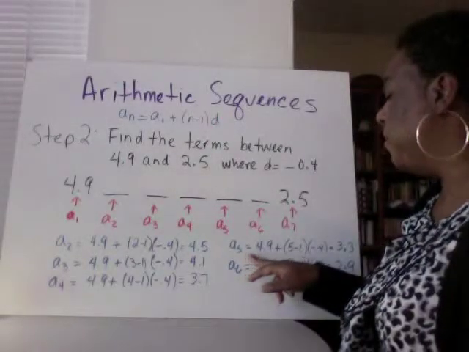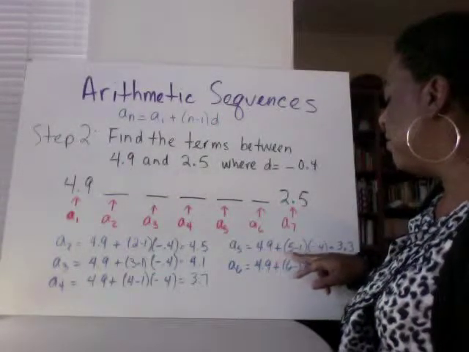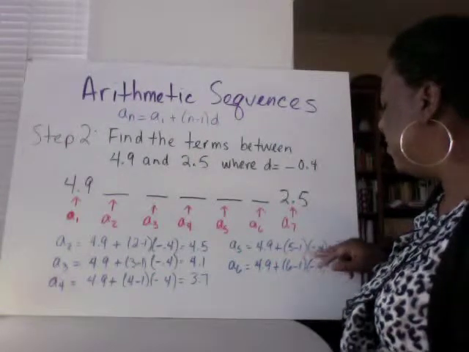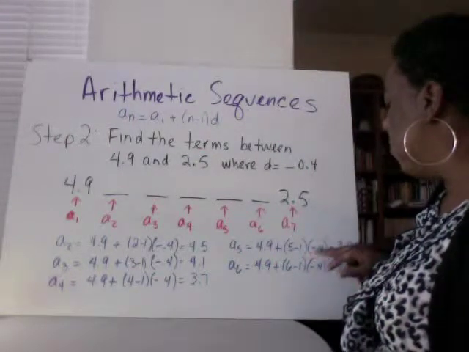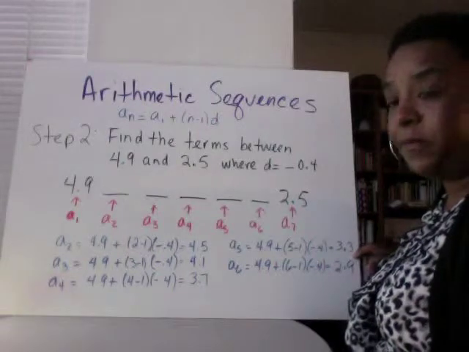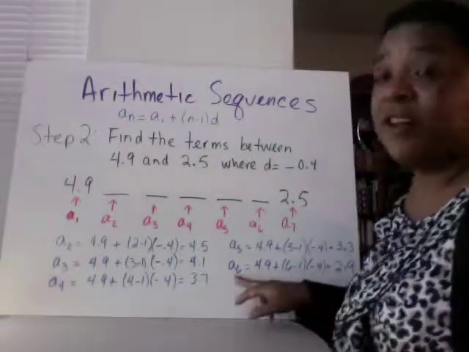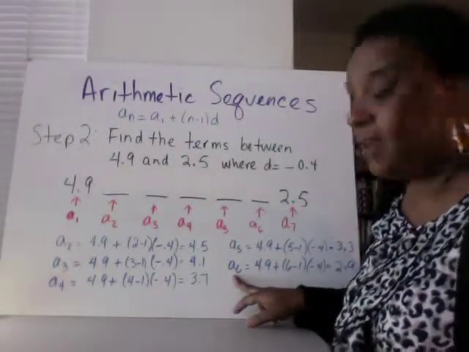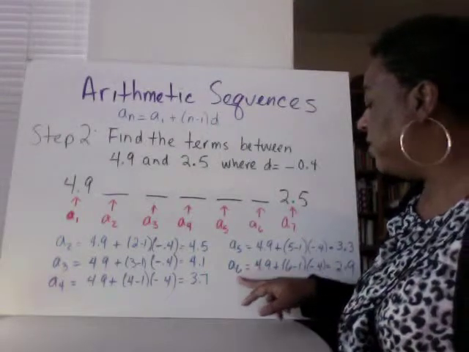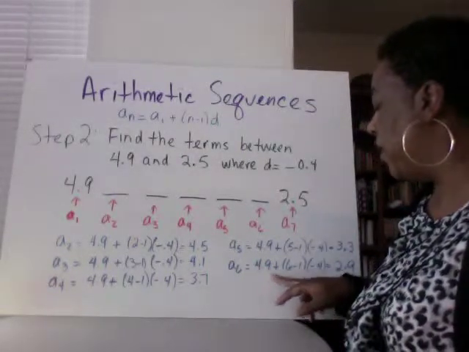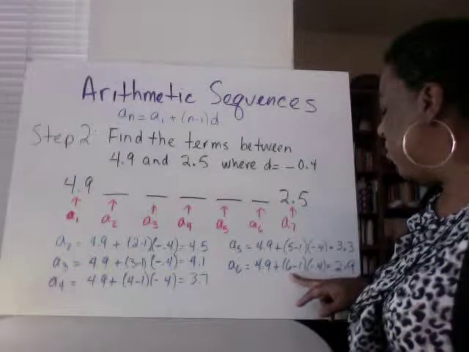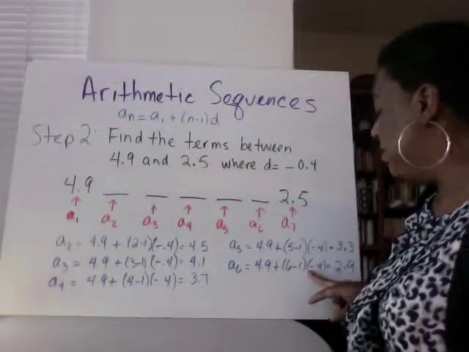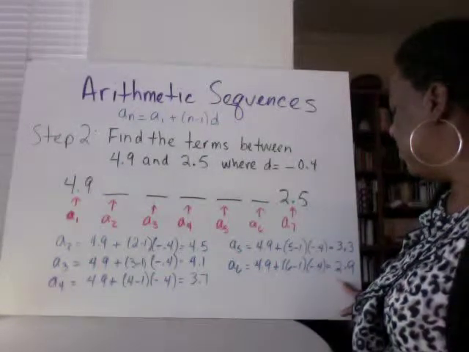Our fifth term is 4.9 plus 5 minus 1 times minus 0.4 equals 3.3. And the last term we're looking for is a sub 6. So we have a sub 6 equals 4.9 plus 6 minus 1 times minus 0.4 equals 2.9.